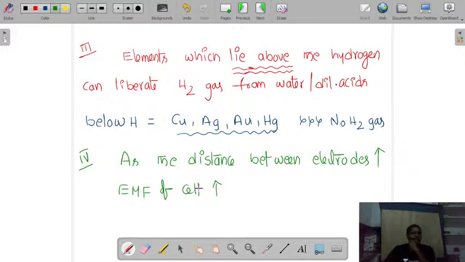These are the characteristic features of electrochemical series.